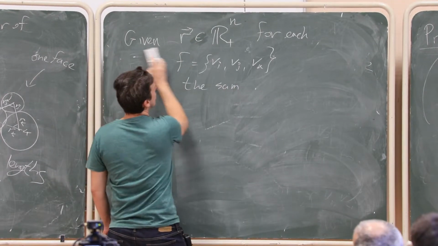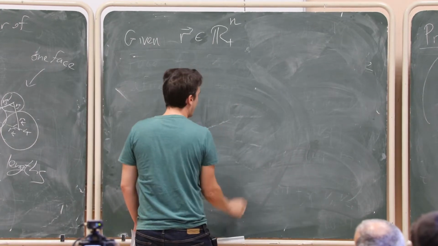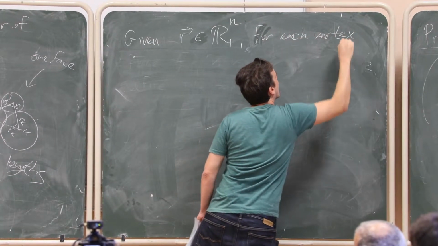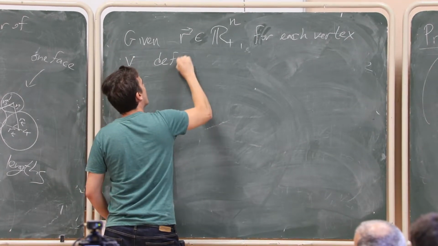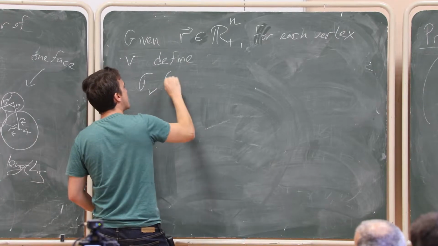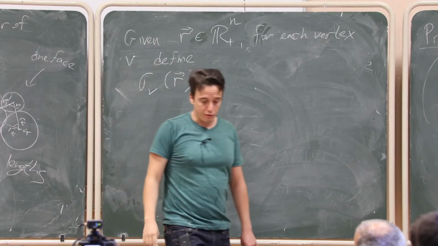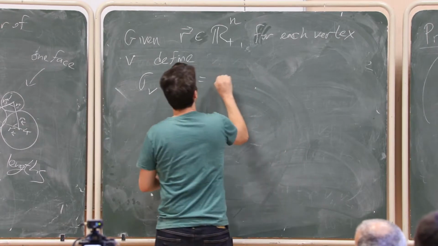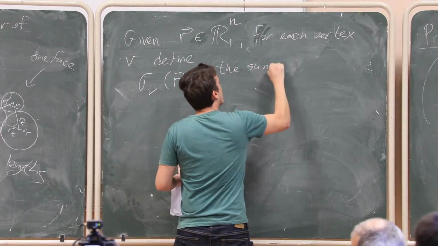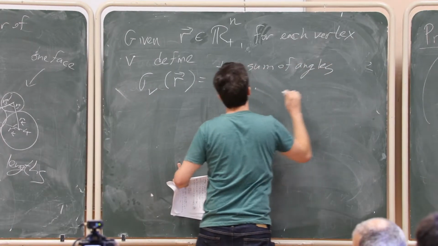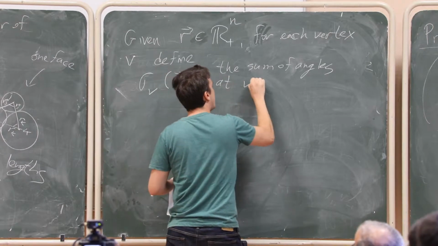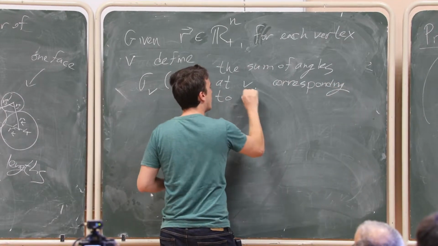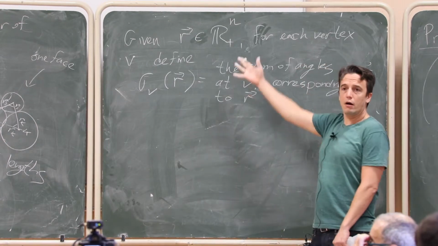Given a vector r, for each vertex v, define sigma v corresponding to the vector of radii r to be the sum of angles that you get from all the faces that contain v, the sum of angles at v corresponding to r. So for any r, this is well defined.